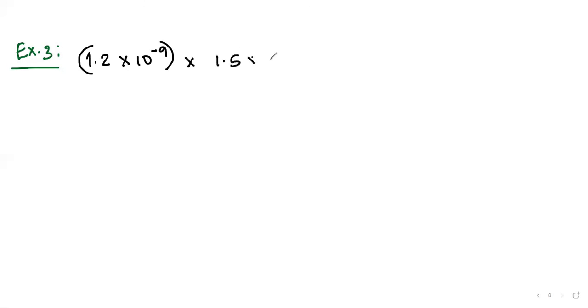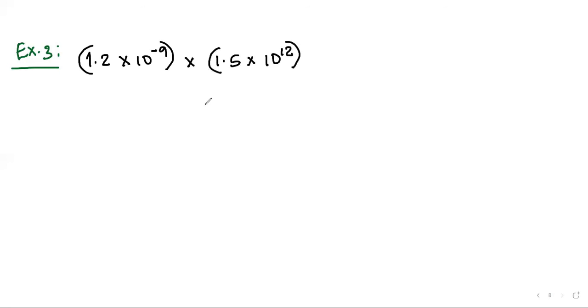Let's get example number 3. So let's have 1.2 times 10 to the power of negative 9, okay, times 1.5 times 10 to the power of 12.